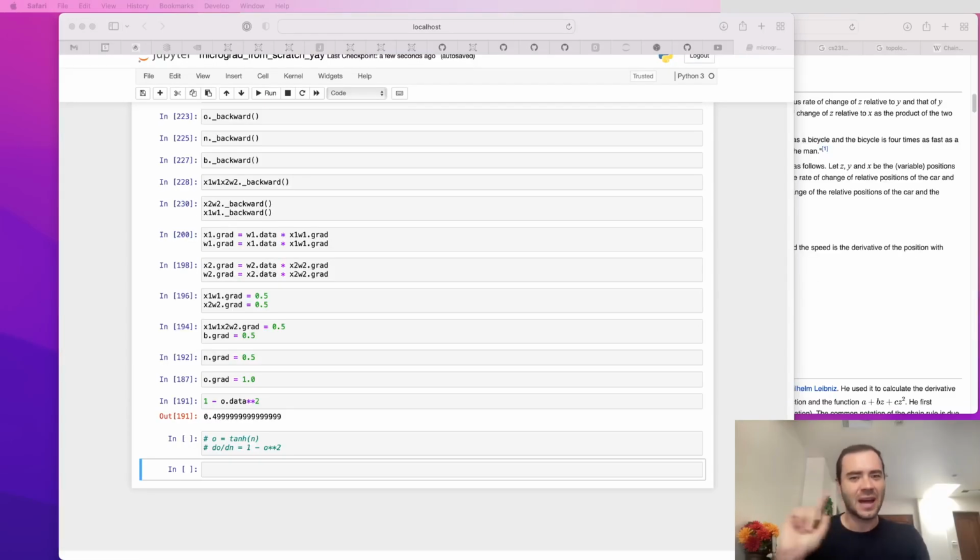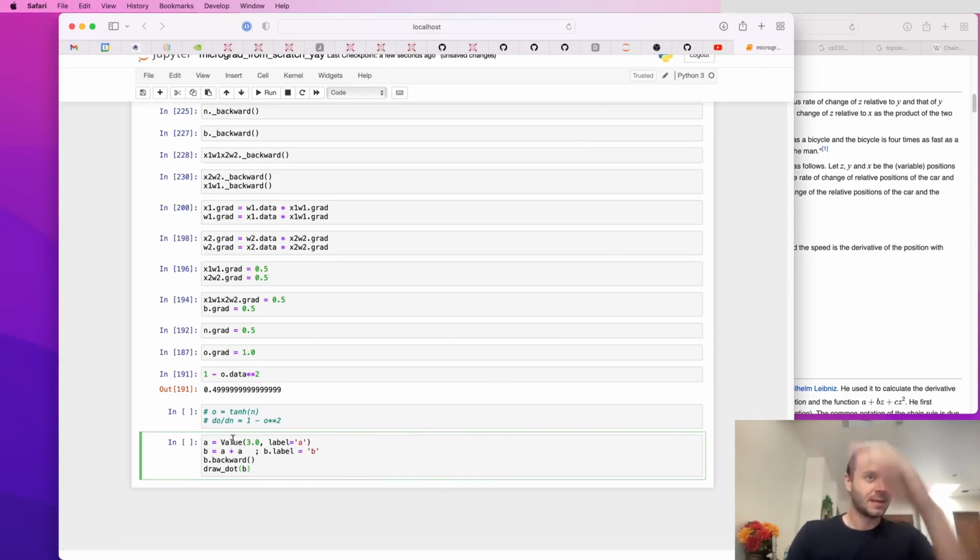Now we shouldn't be too happy with ourselves actually, because we have a bad bug. And we have not surfaced the bug because of some specific conditions that we have to think about right now. So here's the simplest case that shows the bug. Say I create a single node A, and then I create a B that is A plus A, and then I call backward.